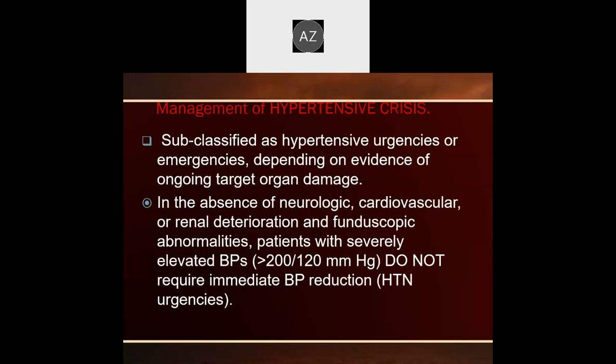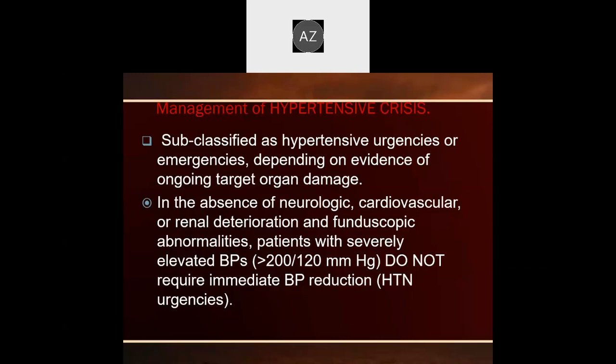So for hypertensive crises, urgency and emergency, for urgency, you just need to reduce the blood pressure slowly without a lot of anxiety. And then with emergency, you need to immediately give vasodilators intravenously.